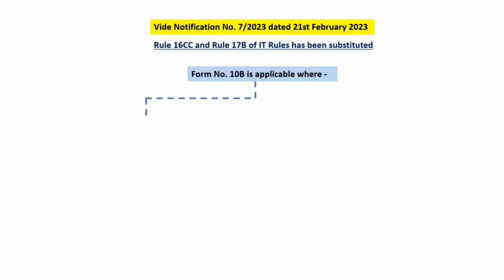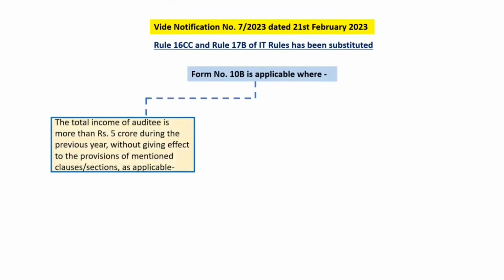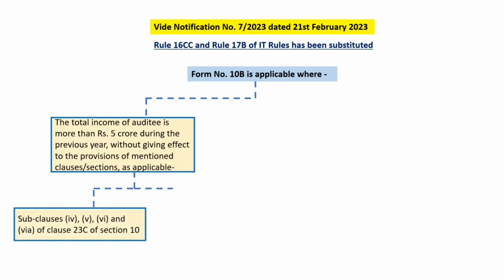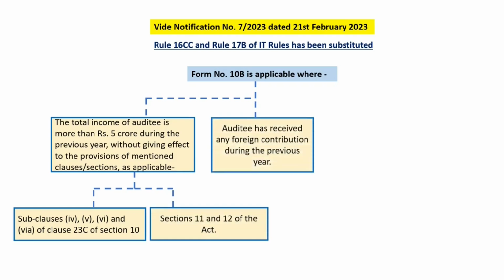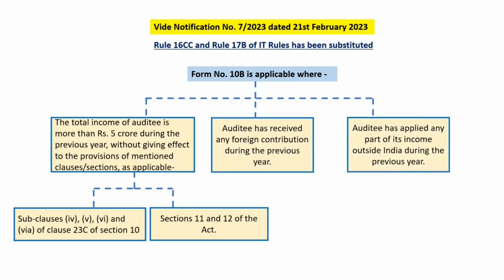By notification number 7/2023 dated 21st February 2023, for assessment year 23-24 onwards, Rule 16CC and Rule 17B of the Income Tax Rules have been substituted to provide that Form 10B shall be applicable if the total income of the auditee will be more than Rs 5 crores during the previous year without giving effect to the provisions of Section 10(23C), Clauses 4, 5, 6 and 6A and Section 11 and 12 of the Income Tax Act as applicable, or if the auditee has received any foreign contribution during the previous year, or the auditee has applied any part of its income outside India during the previous year.